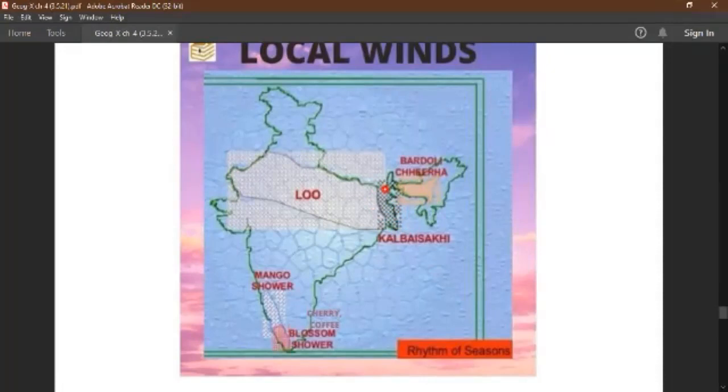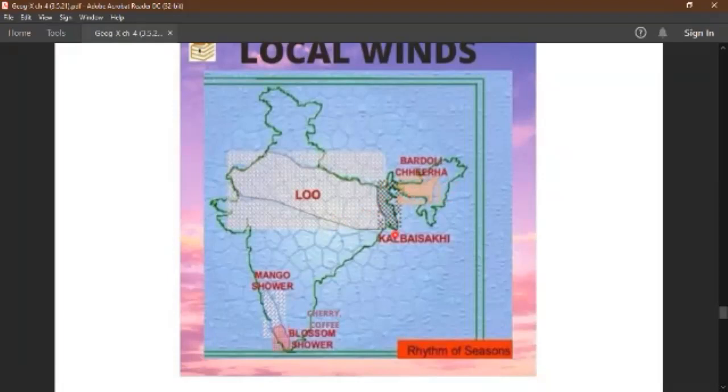In Assam, these storms are known as Bordoli Chera. They originate over the Chotanagpur plateau and are carried eastward by westerly winds. This rainfall is quite beneficial for growing jute and rice in West Bengal and tea in Assam.